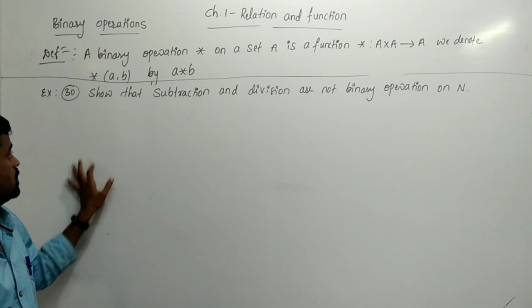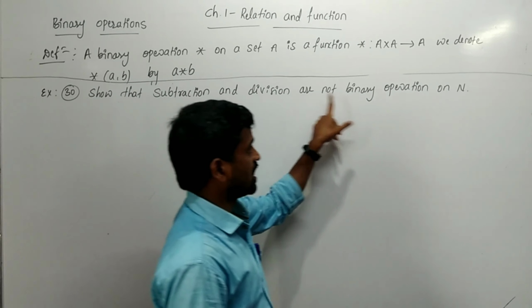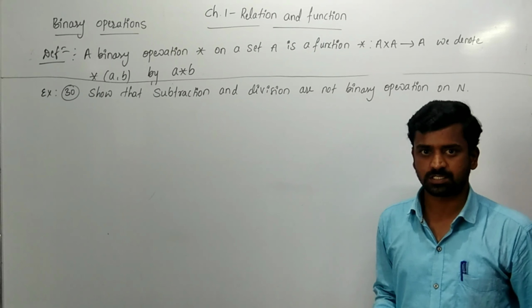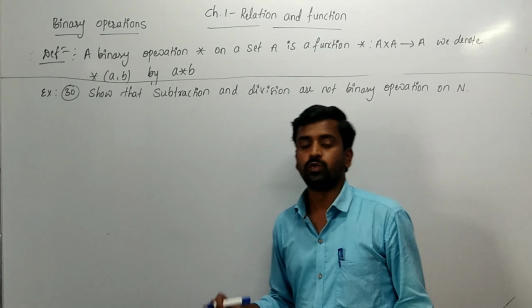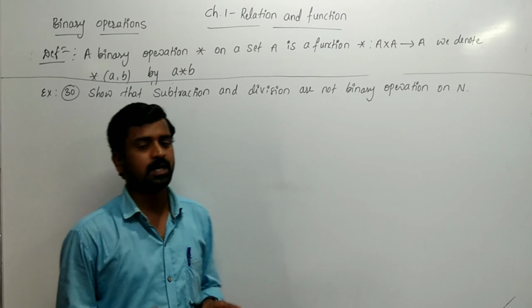Okay, example 30. Show that subtraction and division are not binary operations on the set of natural numbers. Subtraction of two natural numbers does not always give a natural number.